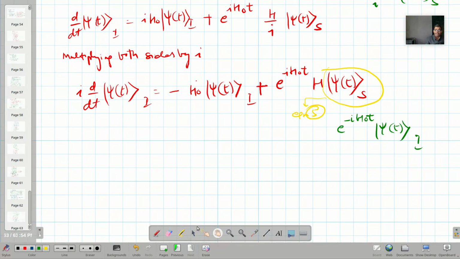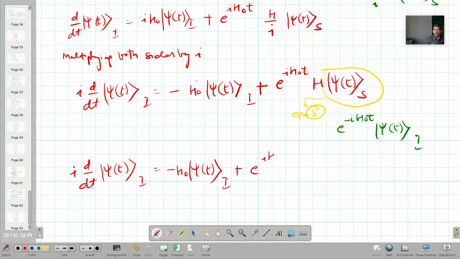So thus this equation will be equal to I d upon dt psi t I is equal to minus h naught psi t I plus e raised to power iota h naught t h e raised to power minus iota h naught t into psi t I, right?